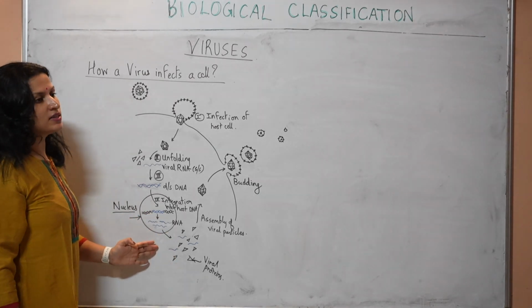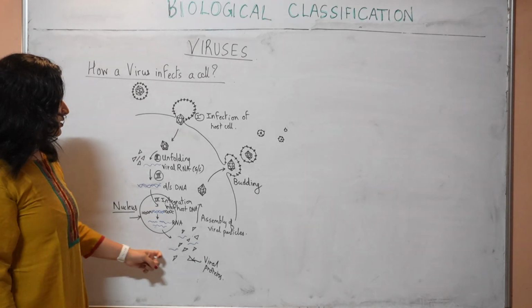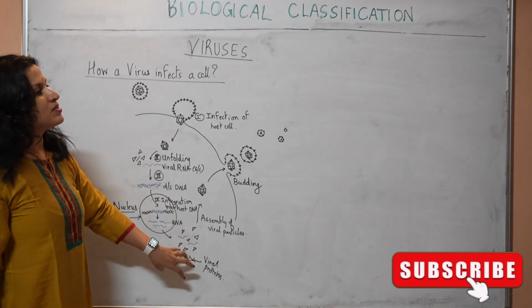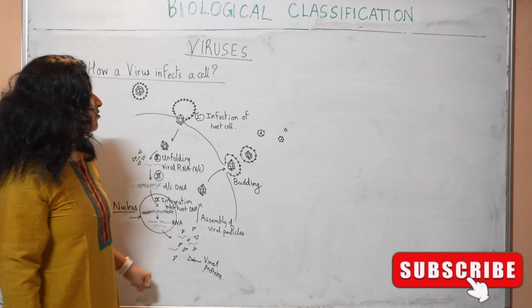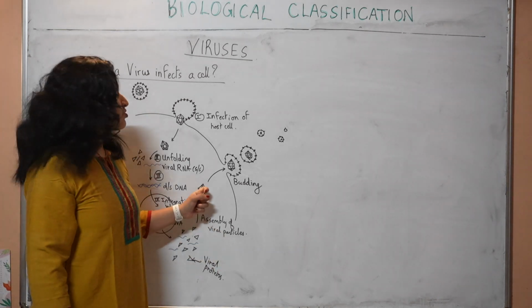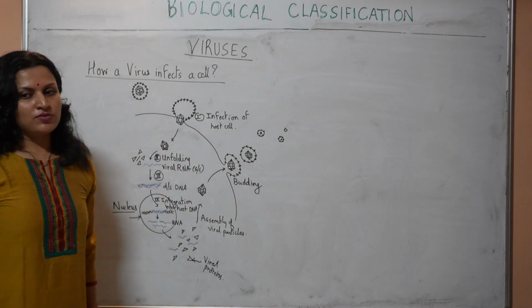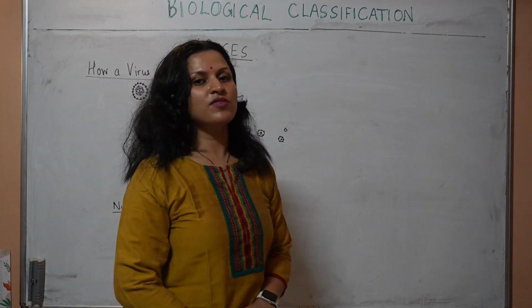The RNA copy is taken and proteins are produced from it. So many protein particles will be produced. Once they are produced, there will be an assembly, packaging of the nucleic acid inside the proteins, assembly of viral particles which will do budding and pinch off from this cell and emerge out of the cell. This is how viruses infect the cell.